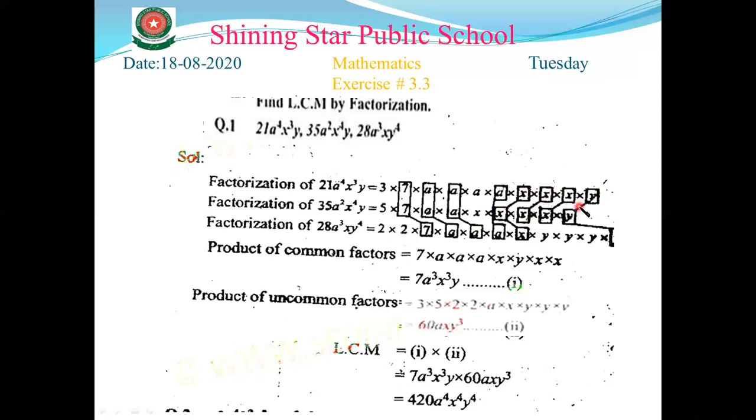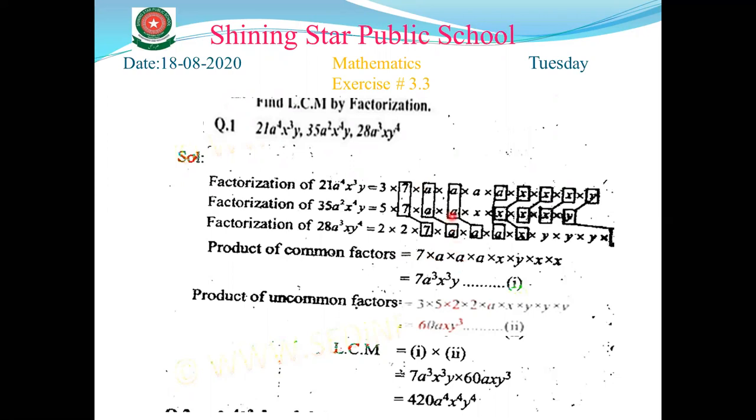Okay. Now you can see here in HCF, if we write the common factor a, it means a is present in all the 3 terms, and it must be present in all the 3 terms. But in LCM, this a is present in all the terms.